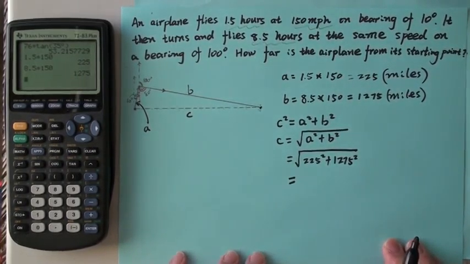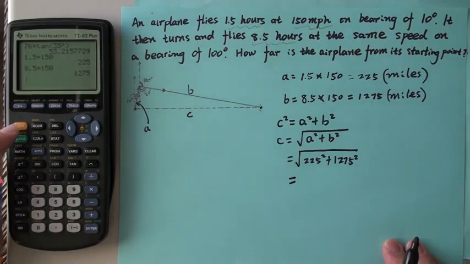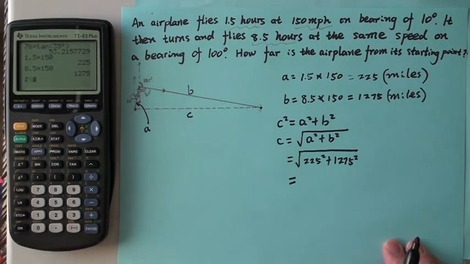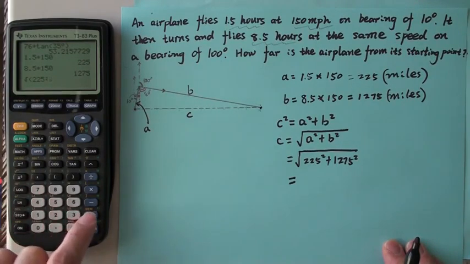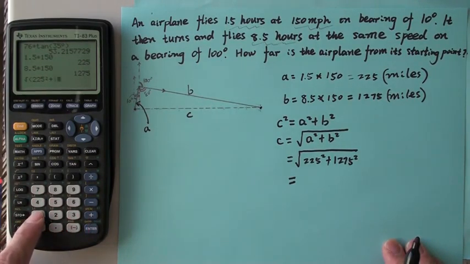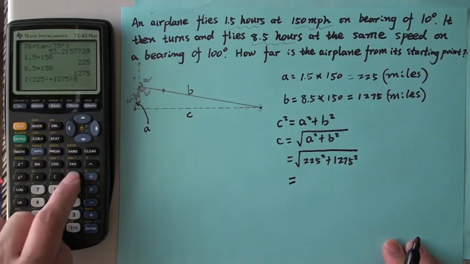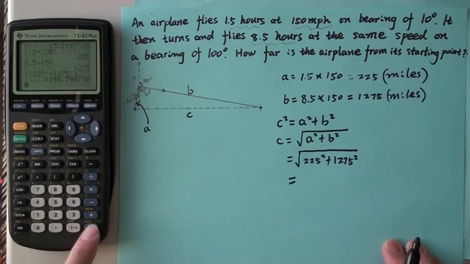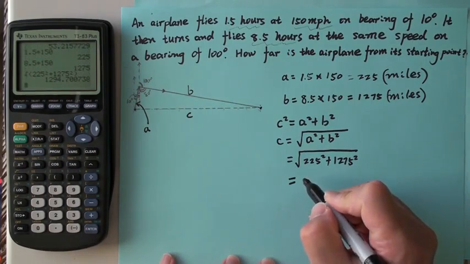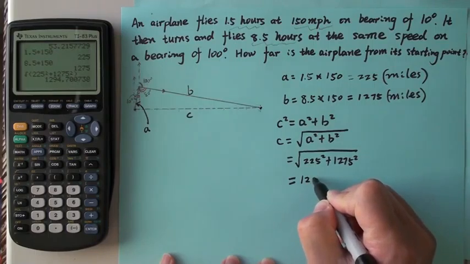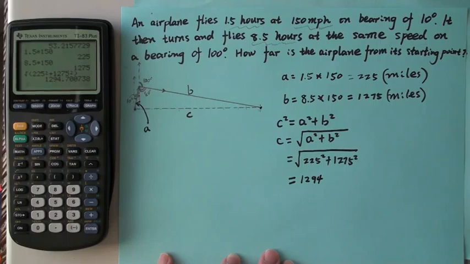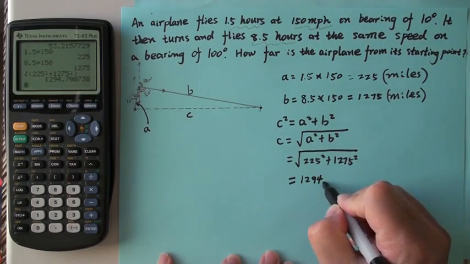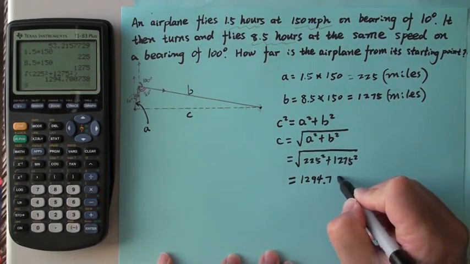Okay, let's do that. You do second, square root, and then 225 squared plus 1275 squared, close parentheses, hit enter. You then have 1294.7 miles.